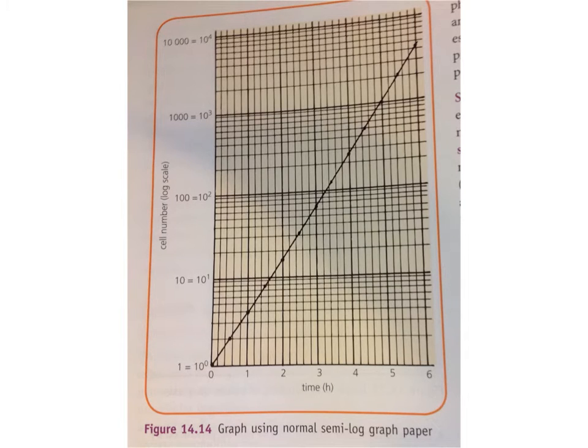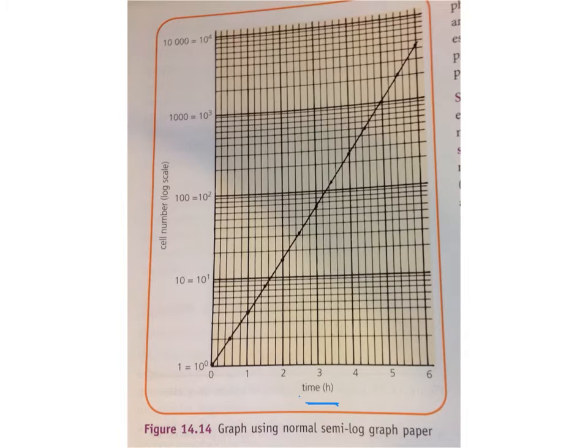Now, as if graph drawing wasn't complicated enough, there's this other type of graph drawing that can be done for this log phase. And that's using semilog paper. It's called semilog because one side of it is just an ordinary linear scale that you would be used to with graph paper. So here it's the time.